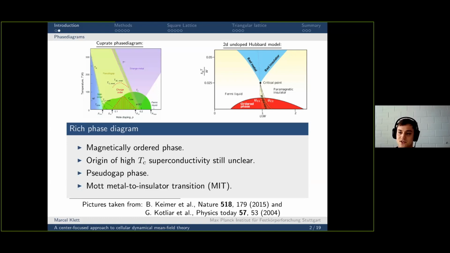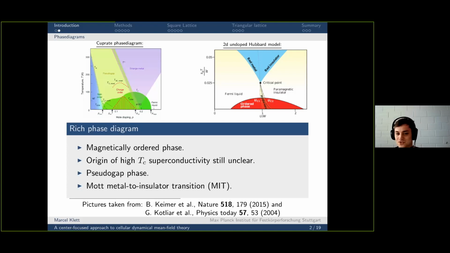This is basically the situation on the right-hand side, where we can see a phase diagram for the undoped Hubbard model, where we start at a Fermi liquid regime, so a metallic state for low interactions. And by increasing the interaction for finite temperatures, we at some point find this so-called Mott transition, where we transition from a Fermi liquid to a paramagnetic insulating state.